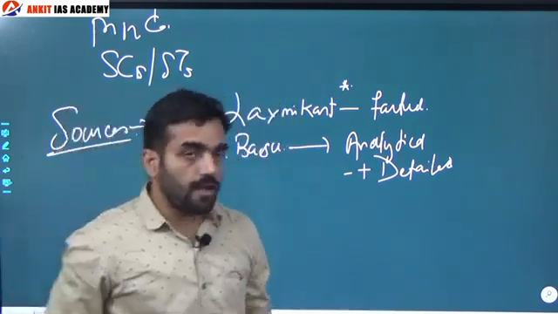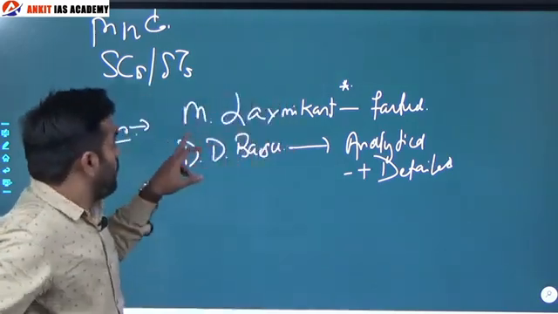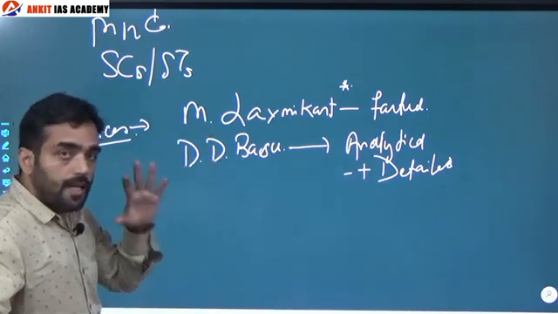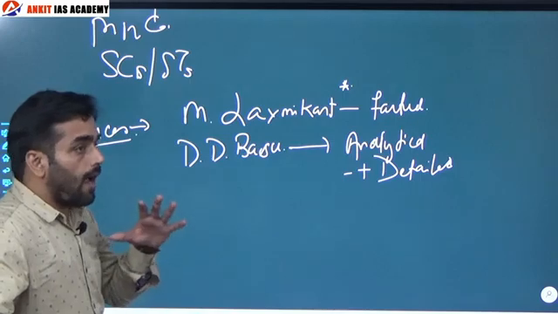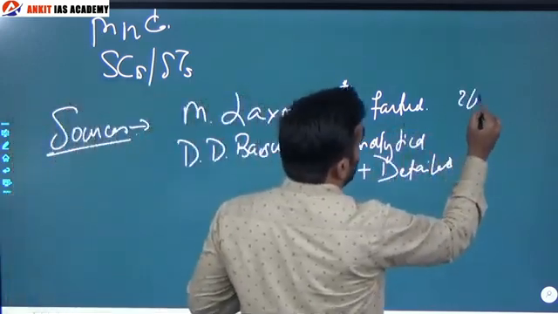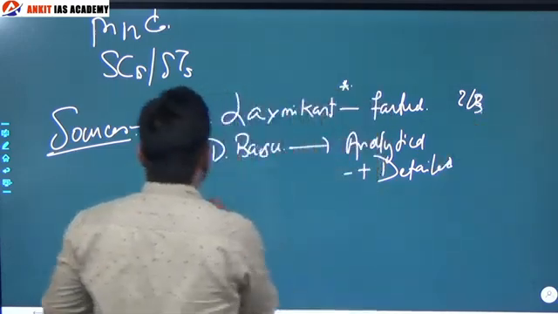So if you are learning polity, first you go with M. Lakshmikant, read this book in detail, and only when you have at least 2 to 3 readings of Lakshmikant, you should go for D.D. Basu.